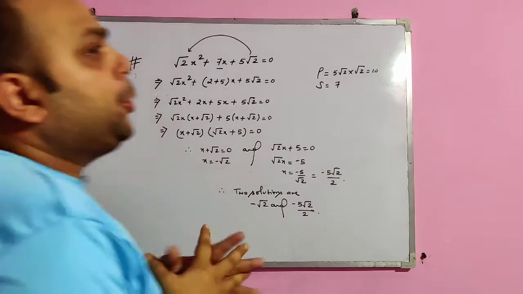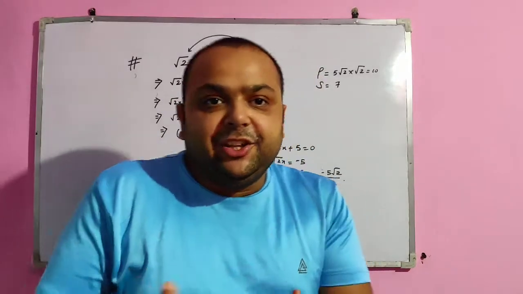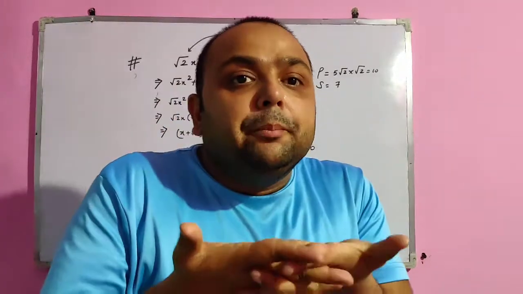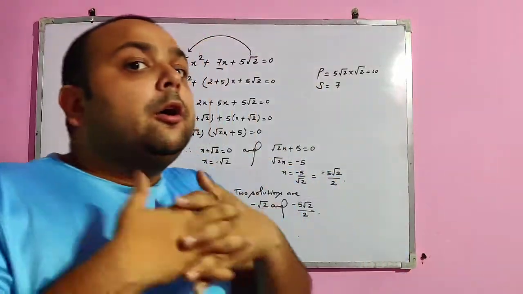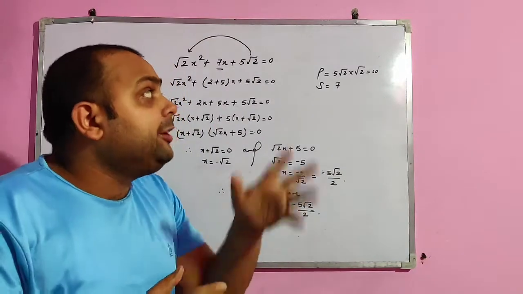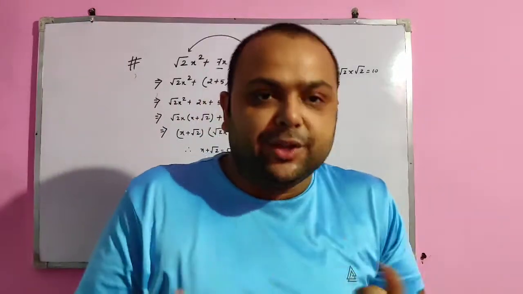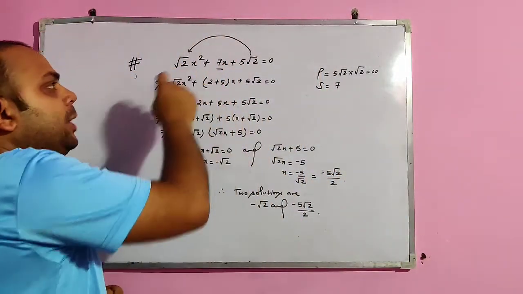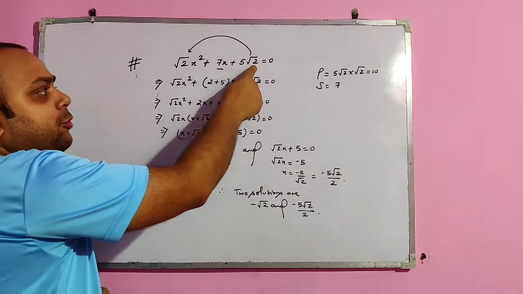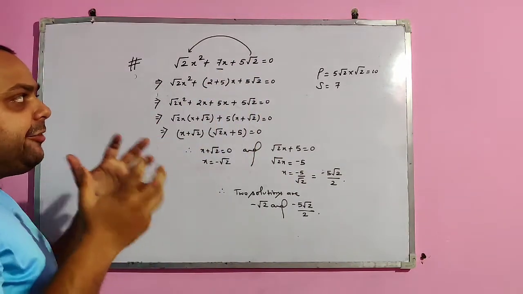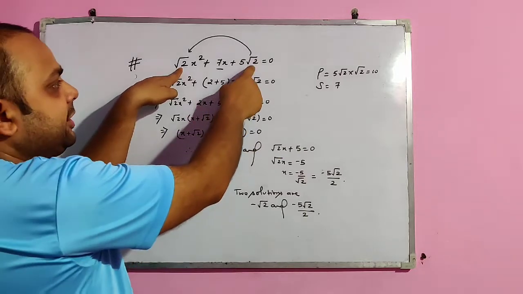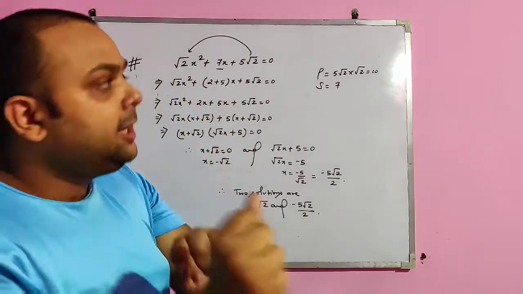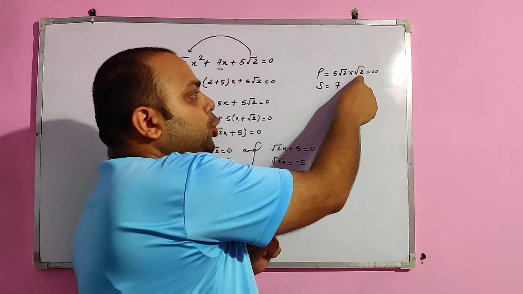Now we'll see one more problem related to factorization using the splitting middle term method to find the nature of the solution, or we can say the solution of the quadratic equation. The question is root 2x square plus 7x plus 5 root 2 equal to 0. The first step is multiplying the first term with the last term, that is a and c. So we get 5 root 2 into root 2.